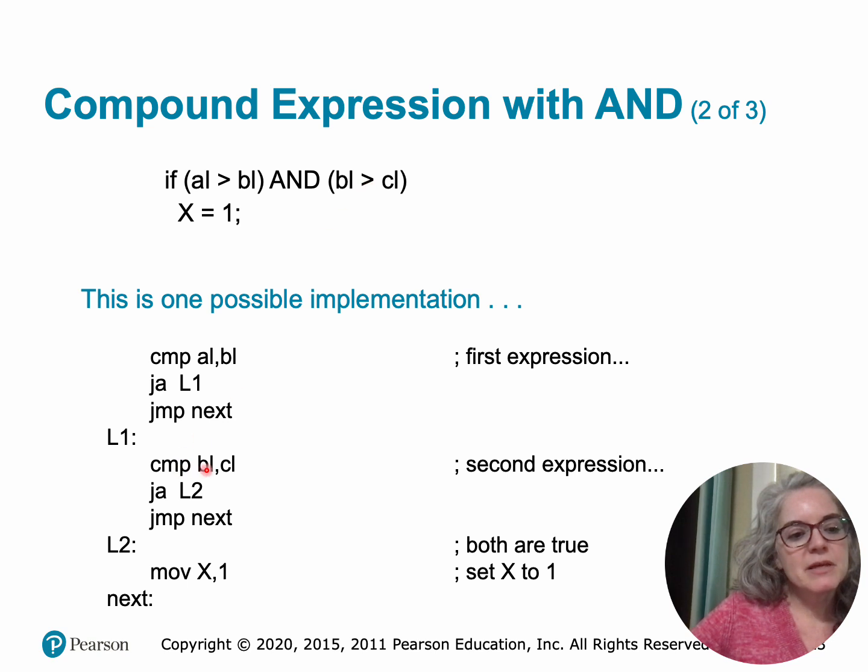So it compares BL and CL. And if that's true, if it's above, then it jumps to L2 and it moves 1 to X. So this means it's true, greater than, true, greater than, move 1 to X. If it's not above, so if AL is not greater than BL, it doesn't do this JA line, it jumps to next.